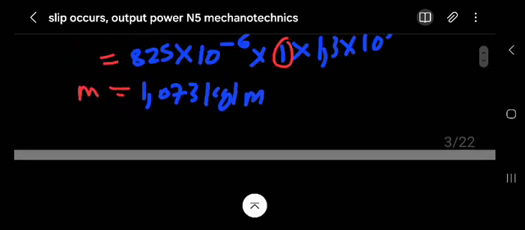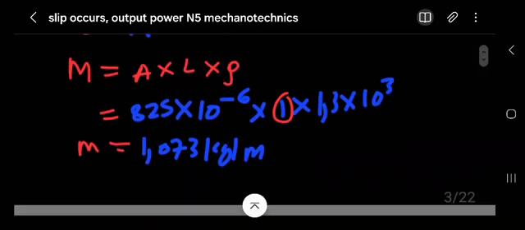So we can calculate TC, centrifugal force, because even the velocity we have. The mass is the one that we simply got there, 1.073, multiplied by the velocity, which is 37.8, squared.